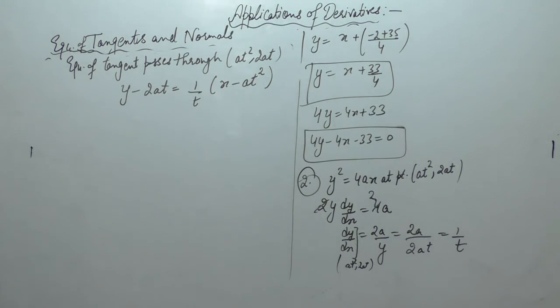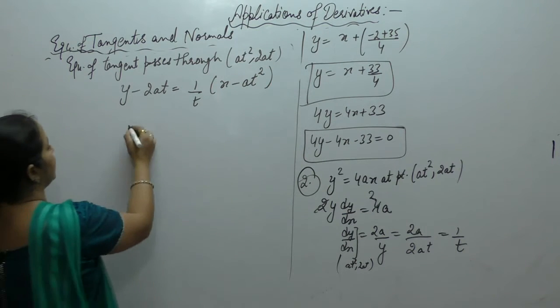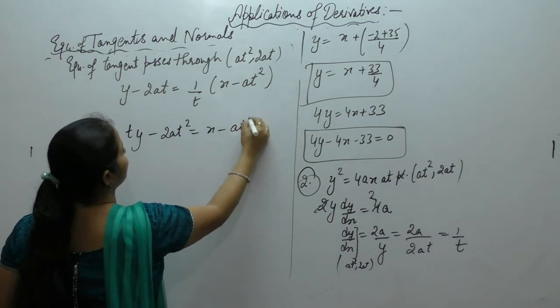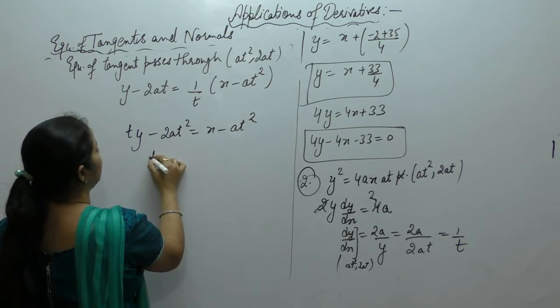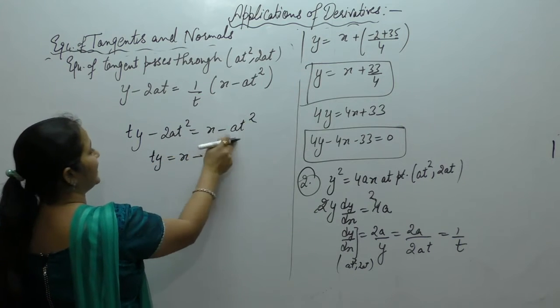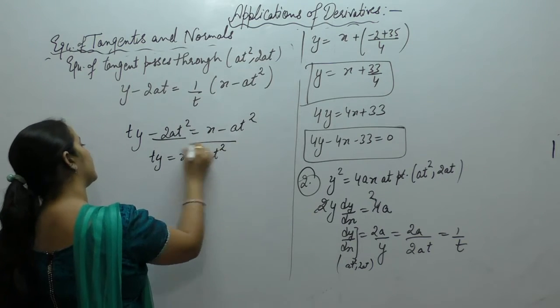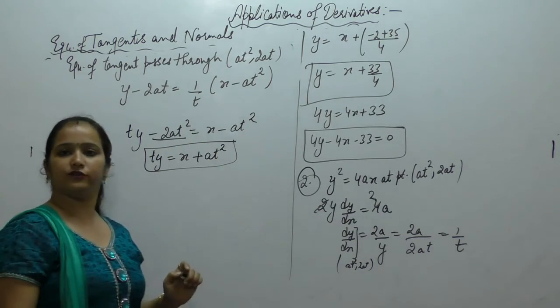This is the formula we have. So find the equation: ty minus 2at square equals x minus at square, so ty minus 2at square equals x minus at square, that is ty equals x plus at square. This is the equation of tangent.